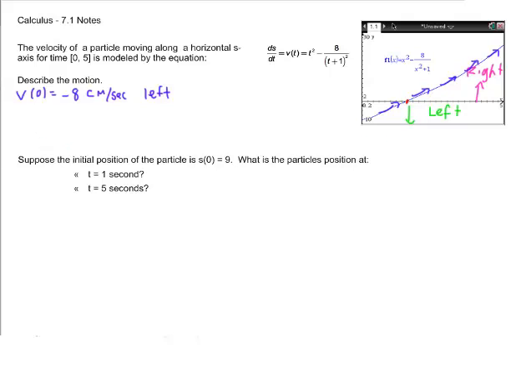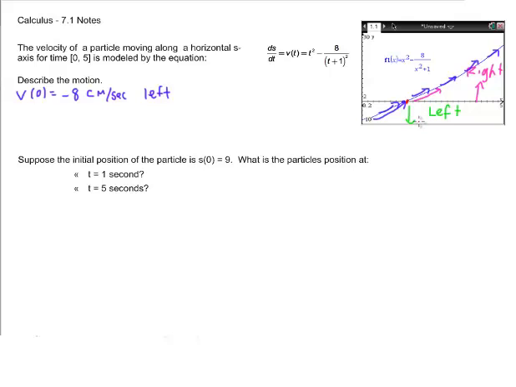When we hit that x-intercept, we no longer are moving left. We're slowing down as we move left, slowing down our left-hand movement. And then once we get to this red dot, now we're moving right, and we're speeding up.